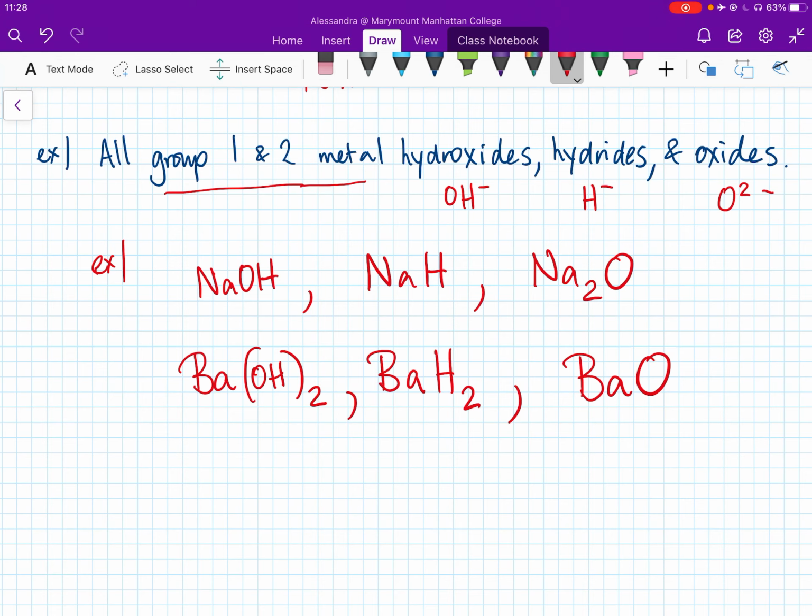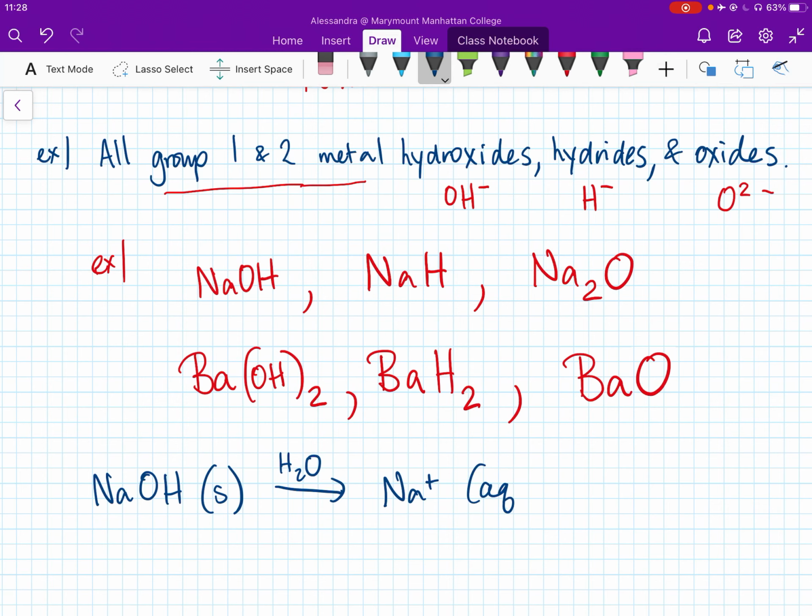Now, in this class, we're going to deal with the hydroxide strong bases. You won't see the hydrides and the oxides so much, although we will talk about them more in organic chemistry. So looking at the hydroxides of sodium and barium, it's important to note their stoichiometry. If I put sodium hydroxide in water, it breaks apart into sodium and hydroxide ions like this.